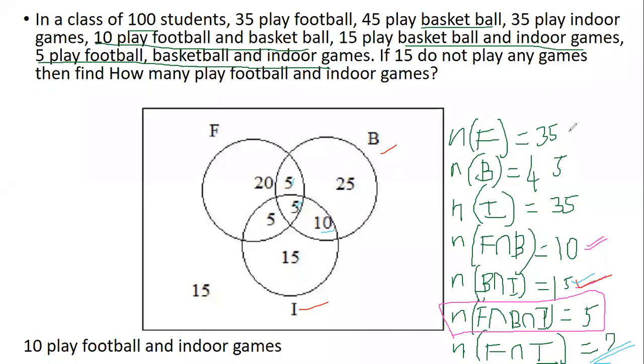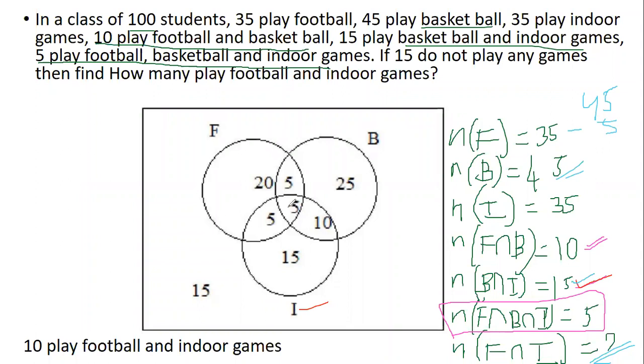Now, since we have all the data for B, let us find out how many players play only football. The number of players who play football is 45. For this 45, I will remove all of the intersection parts. F intersection B is 5 people, so I will remove that.